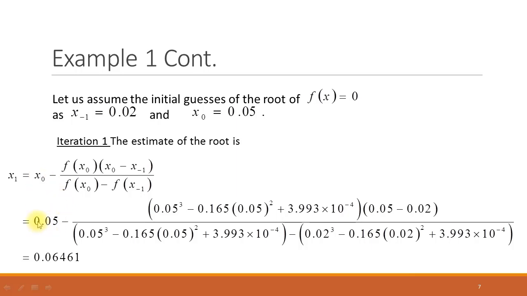So this is the result of the function at x naught: 0.05 whole cube minus 0.165 into 0.05 whole square plus 3.993 multiplied by 10 raised to the power minus 4, into the value of x naught minus the value of x minus 1, and divide by f of x naught minus f of x minus 1.